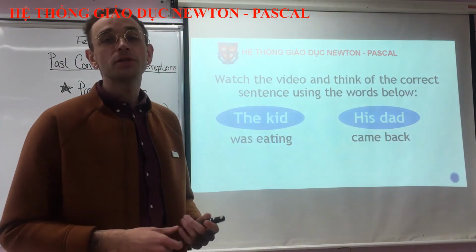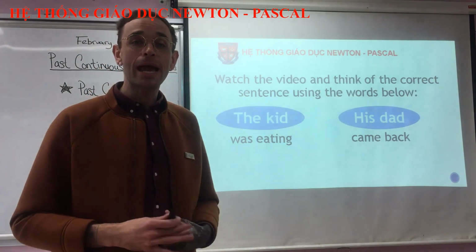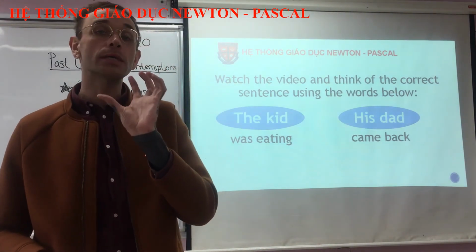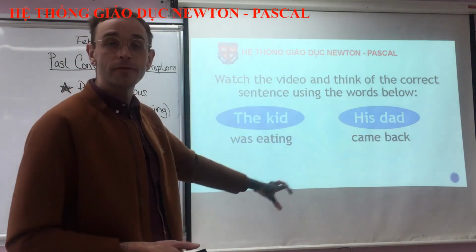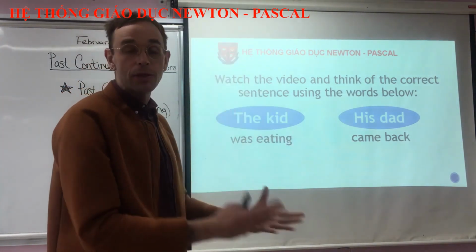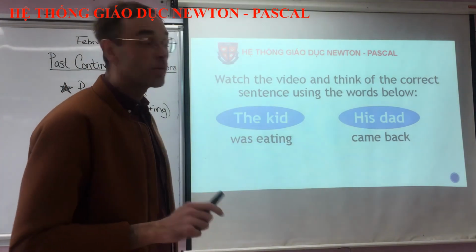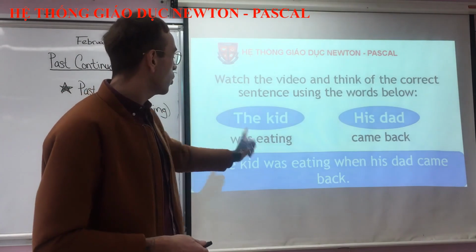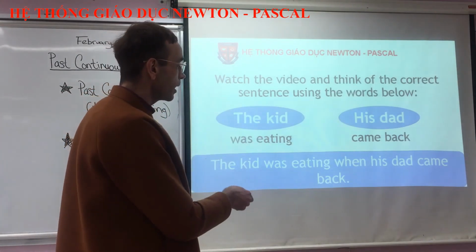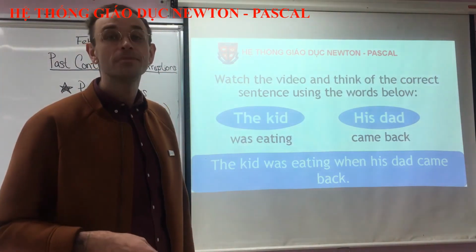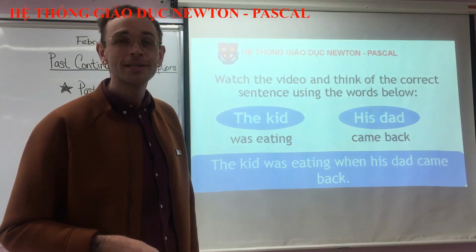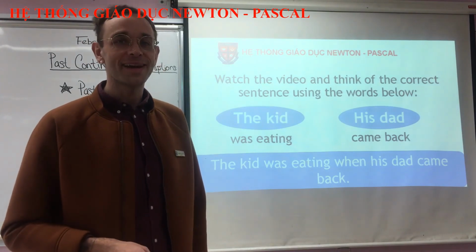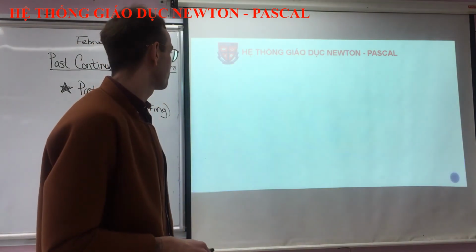Well, all we have to do now really is just add our linking word, or our conjunction into the middle of these in order to put them all together to make one sentence. And when we do that, what we come up with is the kid was eating when his dad came back. Okay, did you get that answer too? I hope so. Is it easy so far? It's pretty easy, right? Okay, great job.